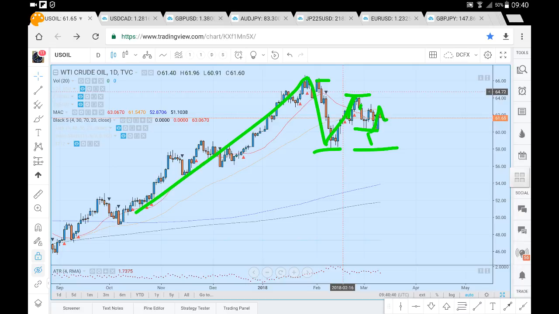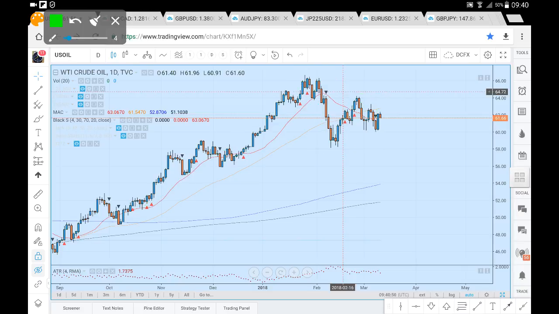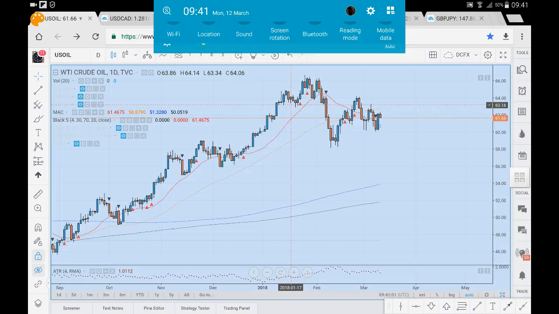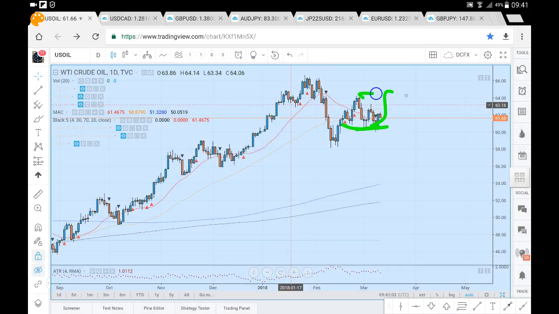So we'll see whether from this pullback here, we do see a further move upwards to test the most recent swing highs in the market before going on to test these highs of 2018 so far in around that $66 barrel mark. But ultimately, we do seem poised, especially if we do hold on to the $60 barrel mark, to retest these old highs, possibly our highs of 2018 so far.